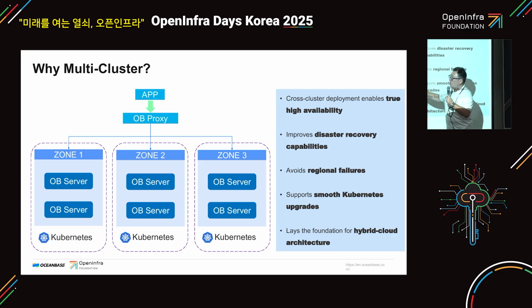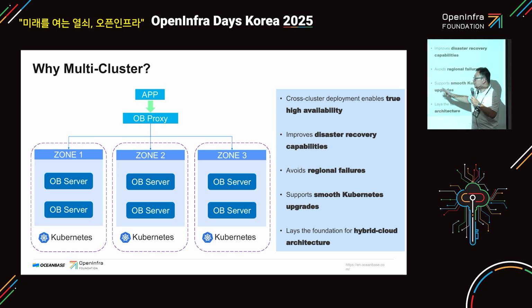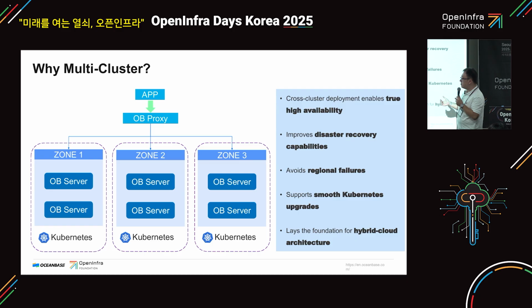Your system can survive even if a Kubernetes cluster goes down. And it also supports seamless Kubernetes upgrades. You can upgrade the clusters one by one. And in the long run, it lays the foundation for a hybrid cloud architecture, giving you more flexibility and resilience.